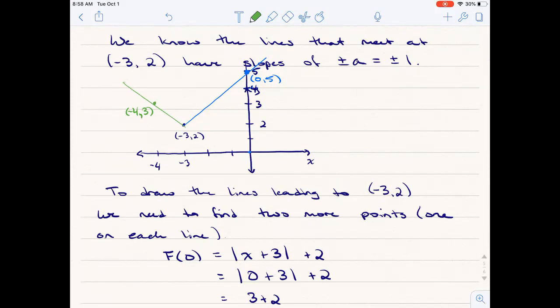I'm going to miss the mark there, but we're just sketching it. Cool.